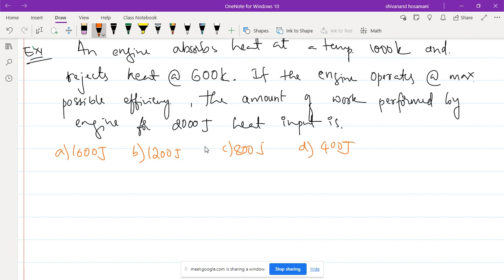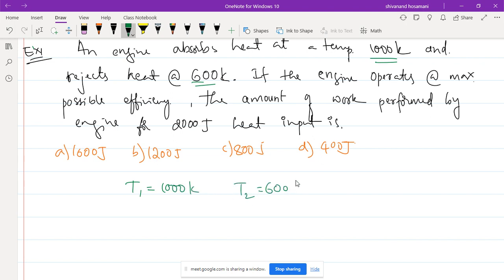Look, a heat engine absorbs heat at temperature 1000 Kelvin and it rejects at 600 Kelvin. We take T1 equal to 1000 Kelvin, then T2 equal to 600 Kelvin.